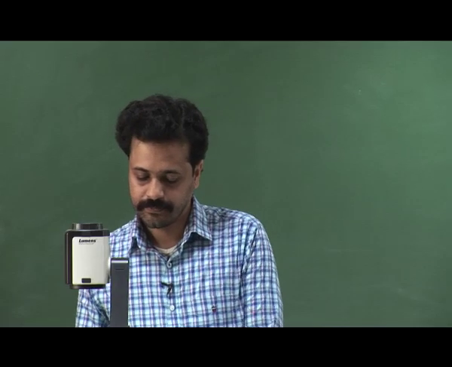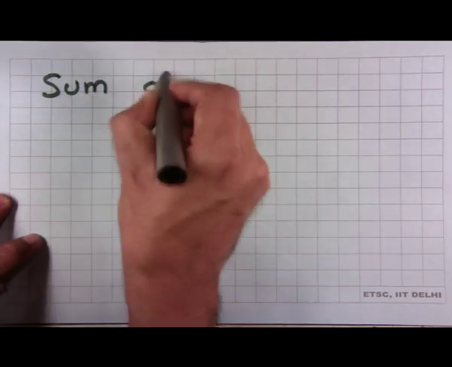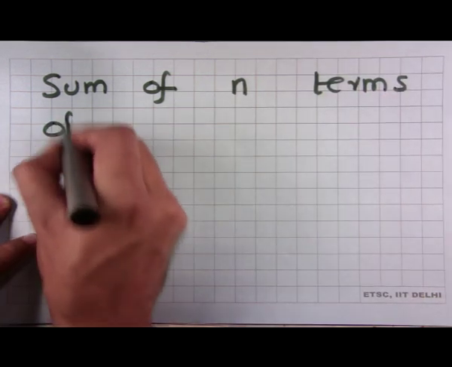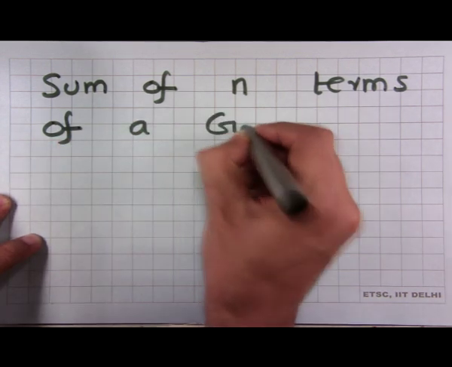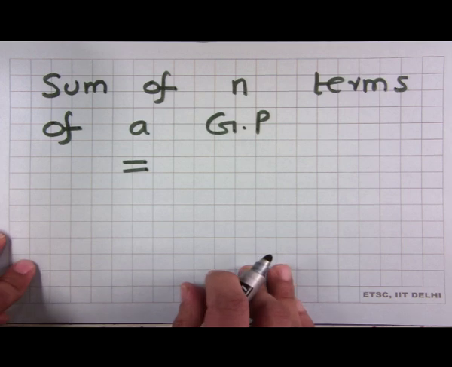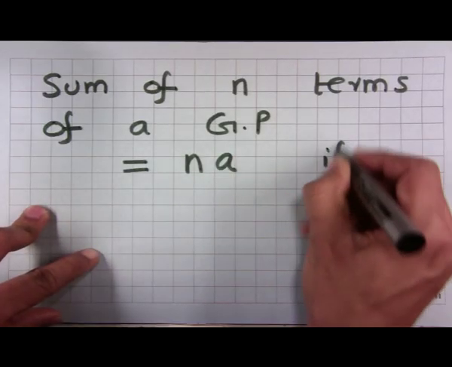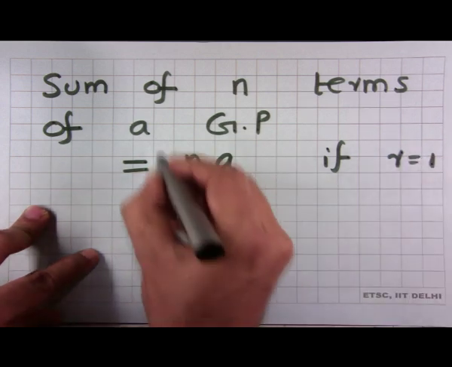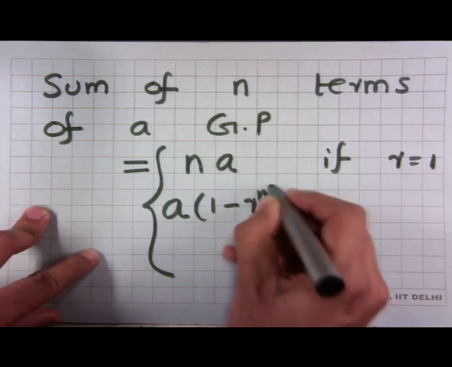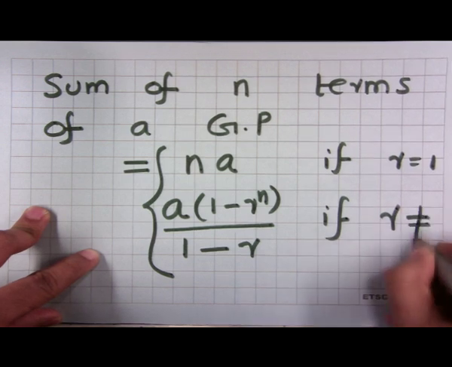To sum up, the sum of the first n terms of a geometric progression with first term a and common ratio r is n times a if r is equal to 1, and a into 1 minus r power n by 1 minus r if r is not equal to 1.